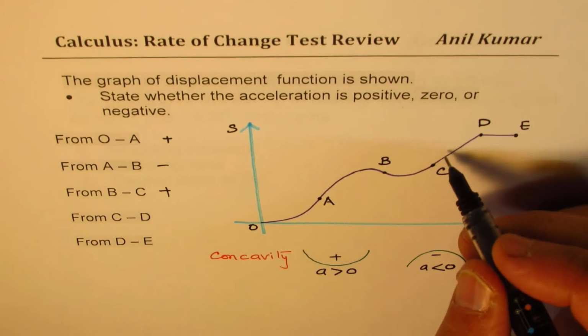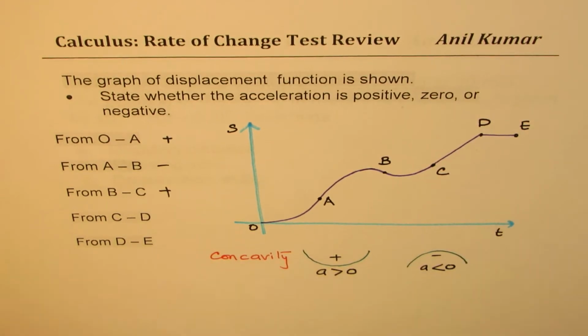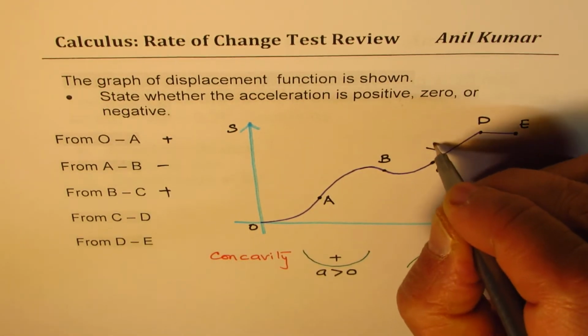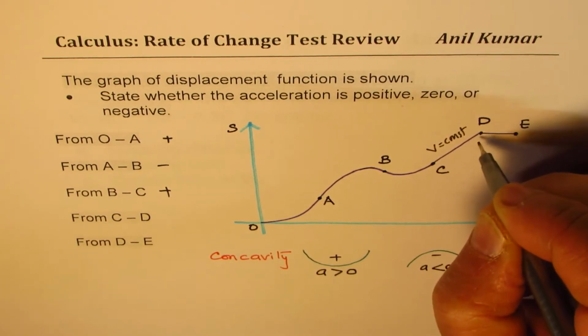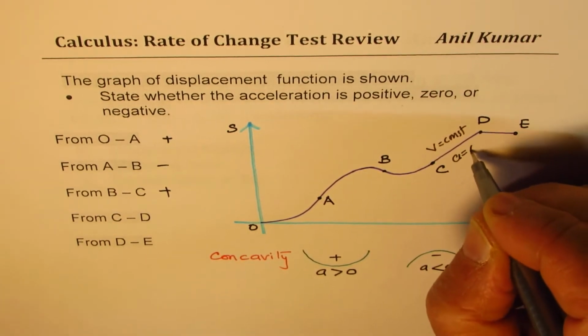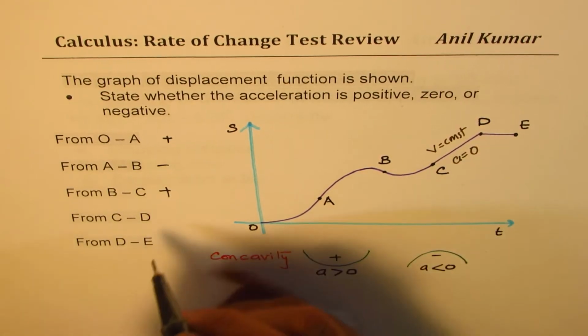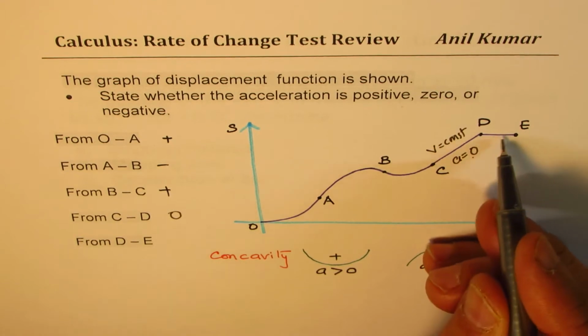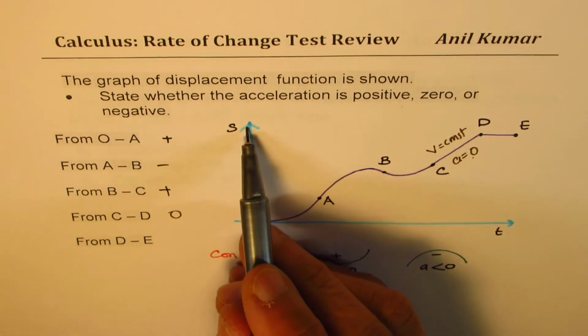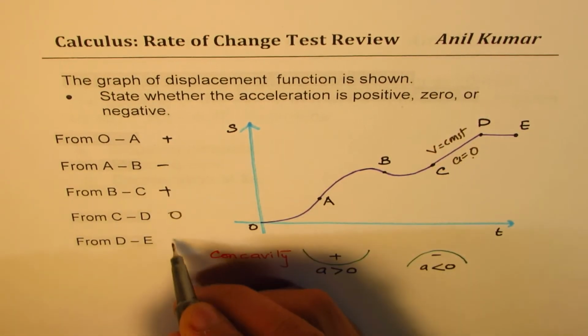Do you understand? So this straight line means that velocity is constant, maybe positive, that's okay, but acceleration is zero, right? So from C to D it is zero, and there both velocity and acceleration are zero since the object is just standing, it's not moving at all.